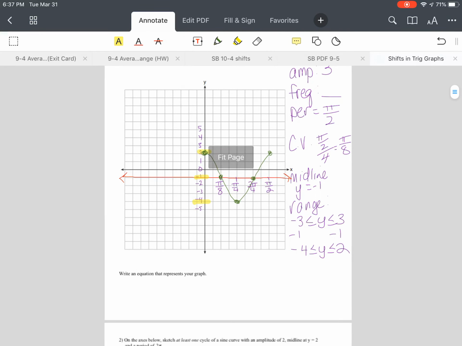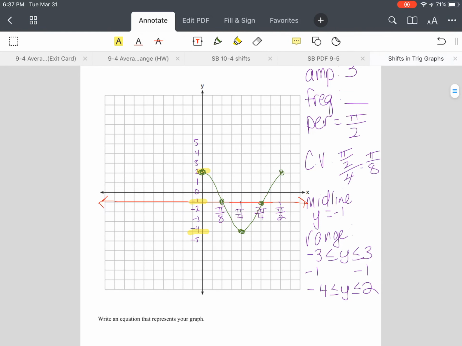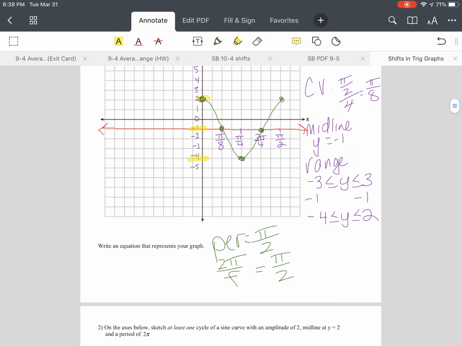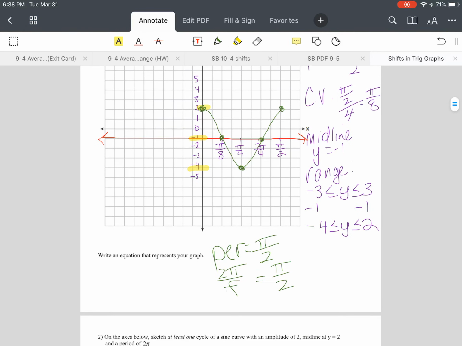I think they ask us to write an equation. So we know everything but the frequency. So let's think about it. We know the period is pi over 2. And I know the formula for period is 2 pi over frequency. So let's set that equal to pi over 2. Let's cross multiply.